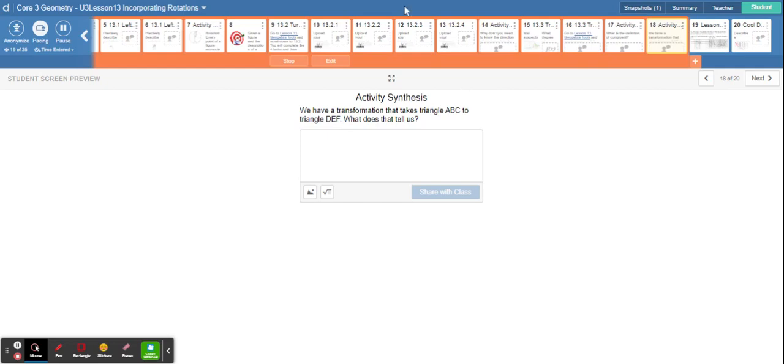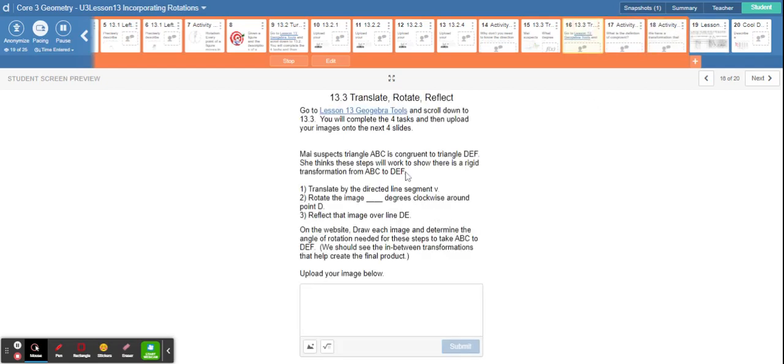All right, we left off on the activity synthesis, where we were talking about this problem that we did, where we had to determine the rotation degrees in order to move triangle ABC to triangle DEF.